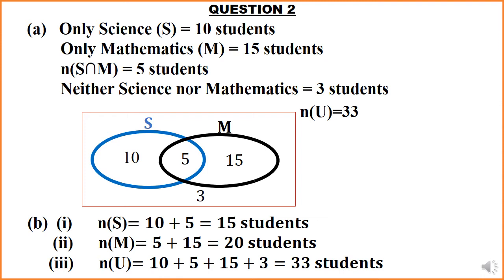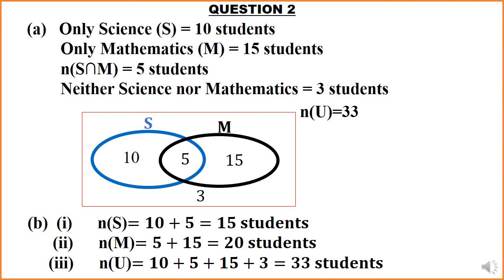And we put this number of members without subtracting or adding the intersection because of the phrase only science, or the word only attached to this number of members.